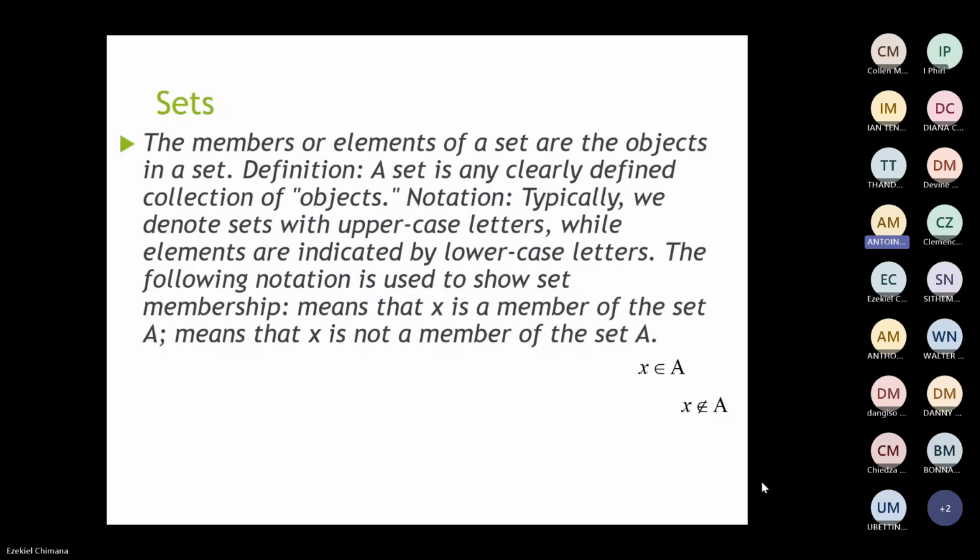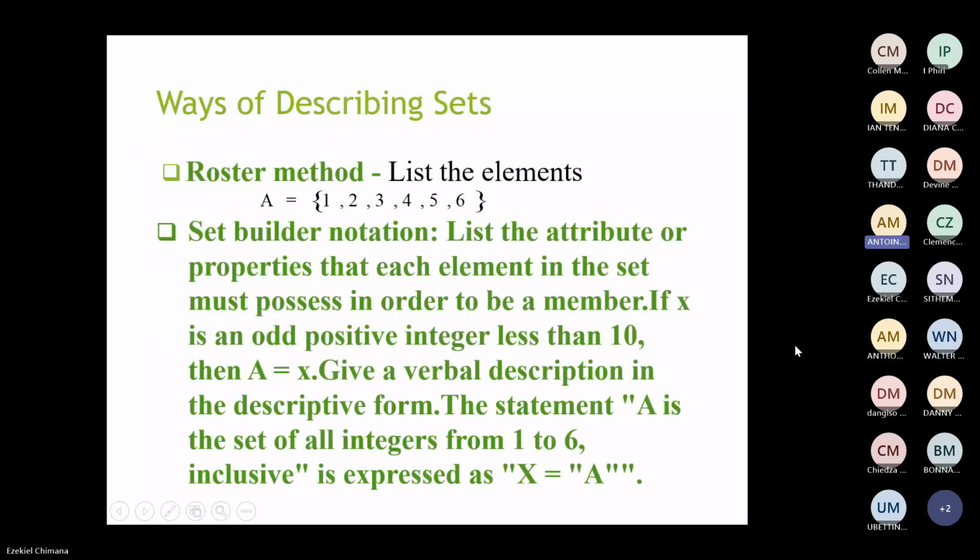Then there is a sign, ∈, between x and A. It means that x is a member of A. The other sign, between x and A, which is crossed out, means that x is not a member of A.